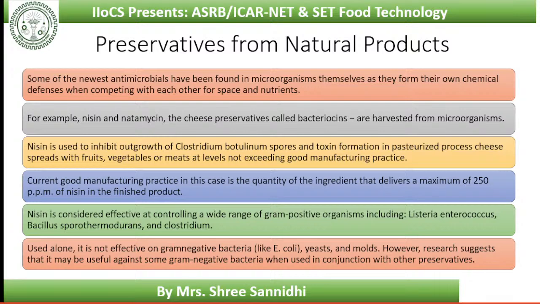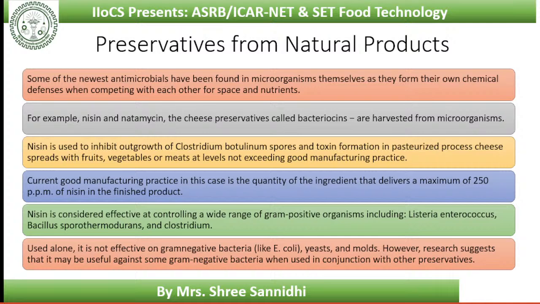Current good manufacturing practice in the case is the quality of the ingredient that delivers a maximum of 250 parts per millimeter of niacin in the finished product. Niacin is considered effective at controlling a wide range of gram-positive organisms including Listeria, enterococcus, Bacillus sporothermodurans and Clostridium species.